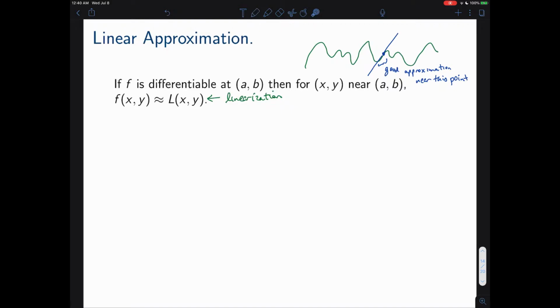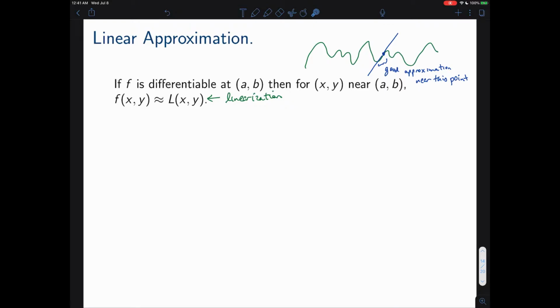It's maybe not a globally good approximation. Out here, the function is way different than that tangent line that goes way down, or over here on the right, the function is way different from this tangent line that goes way up. But near this original attachment point, as long as you stay close by, it's a good approximation, and this straight tangent line is way simpler than that wiggly thing that's drawn there.